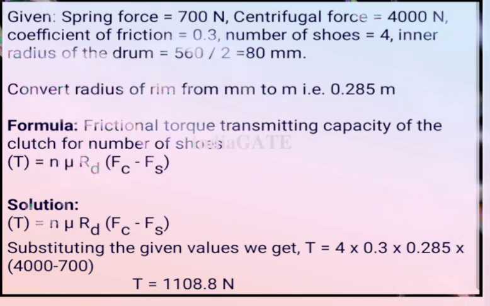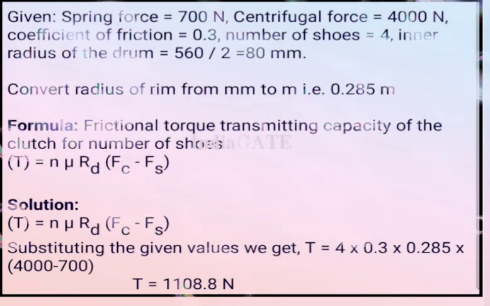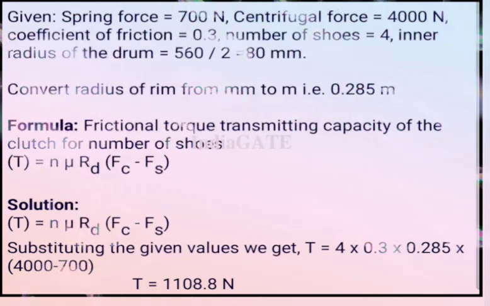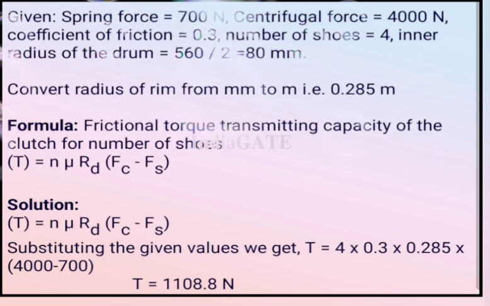So here the given data is spring force is 700 and centrifugal force is 44,000 Newton. Okay, now the coefficient of friction is 0.3. The number of shoes is equal to 4. Now inner radius of the drum is 560 divided by 2, that is your 280 mm. Now convert the radius from mm to m, that is your 0.2585.